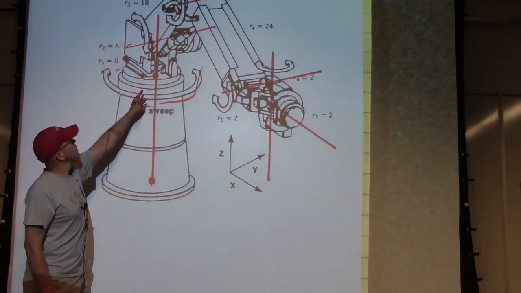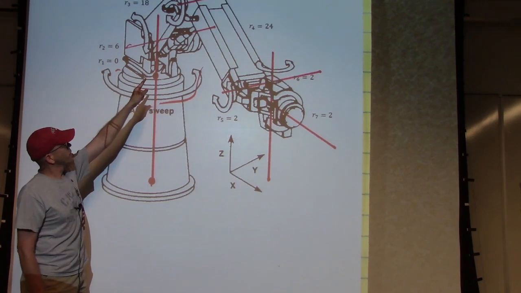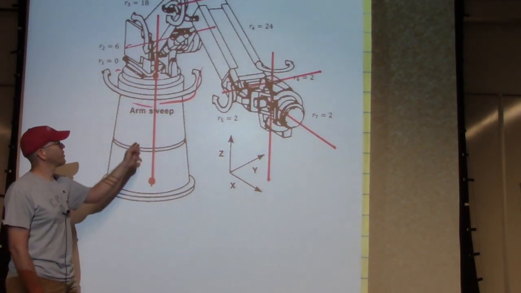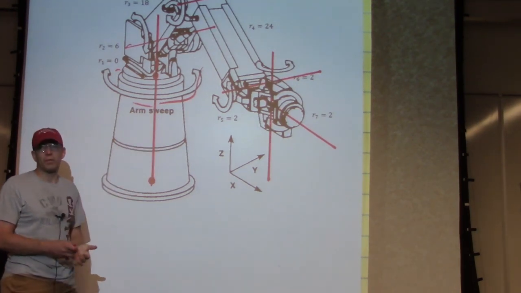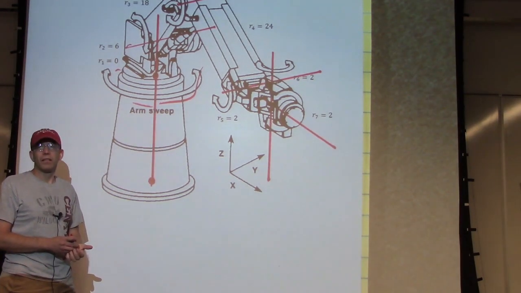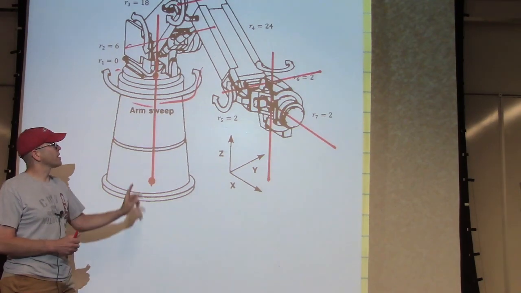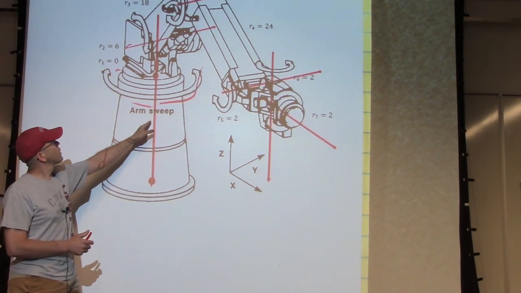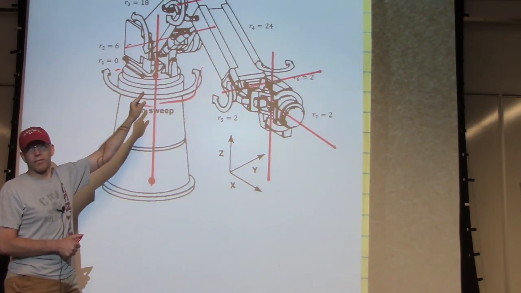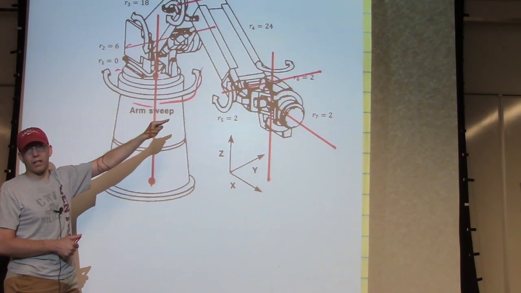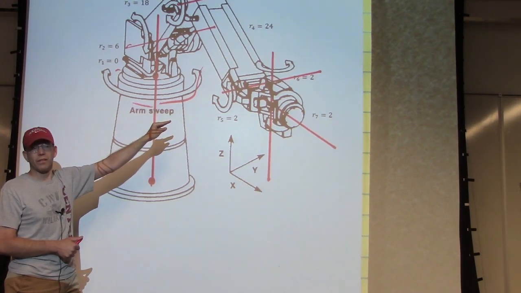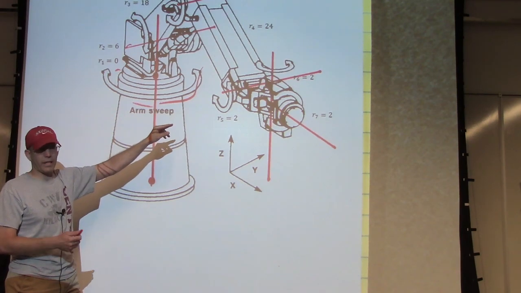What are joints 1, 2, and 3 primarily responsible for? Joints 1, 2, and 3 are responsible for position. What are joints 4, 5, and 6 responsible for then? Getting the manipulator in the right angle. Orientation. Yeah.